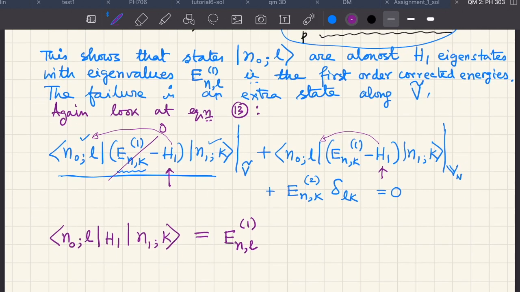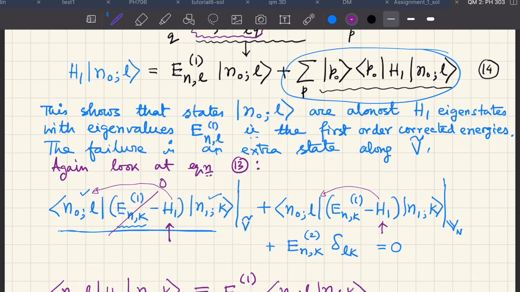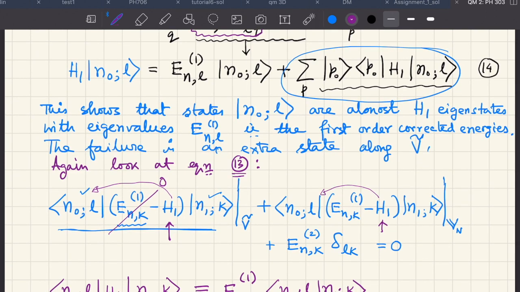So this is E_{n,L}^1 ⟨n0L|n1K⟩. So I am looking into equation number 13 with the help of this equation number 14.